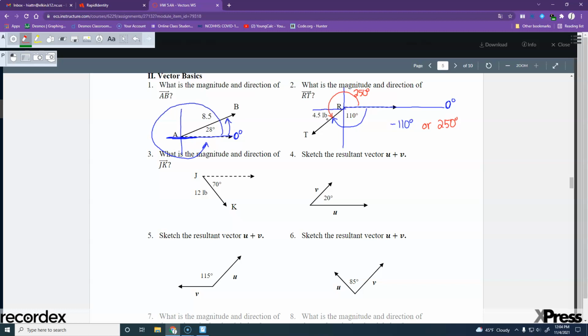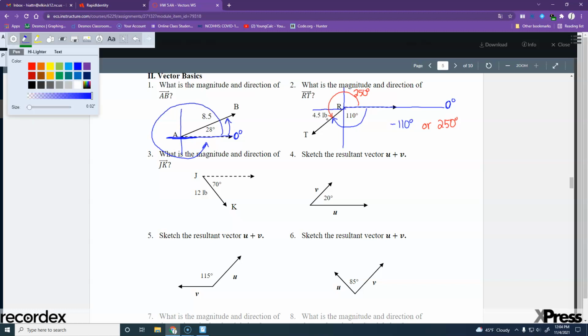So knowing that, look at number 3 and look at your angle for that one, and see what you could get for that. Okay, so for number 3, what is my angle?